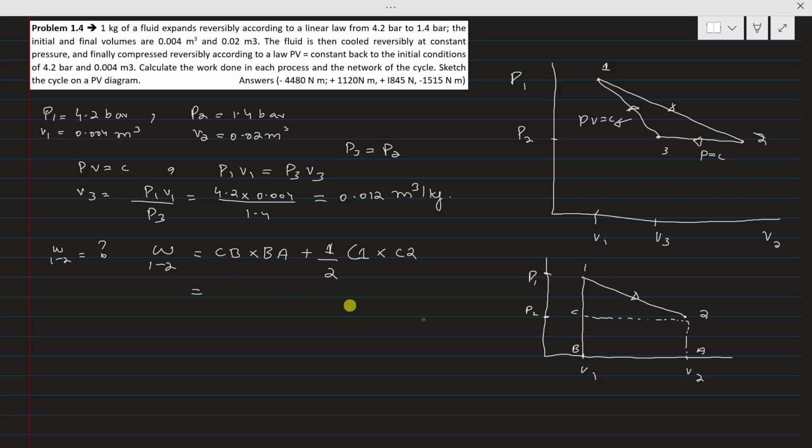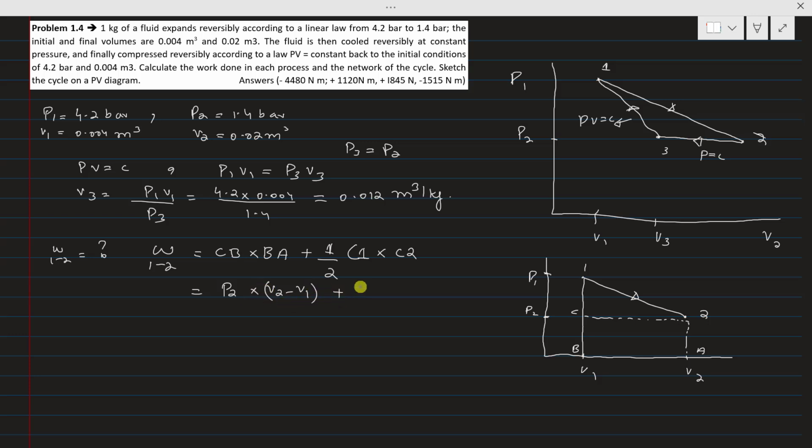What is CB? CB is P2, the pressure value from 0 to P2. Then BA is the change in volume, that is V2 minus V1.